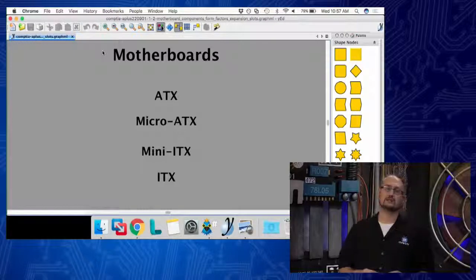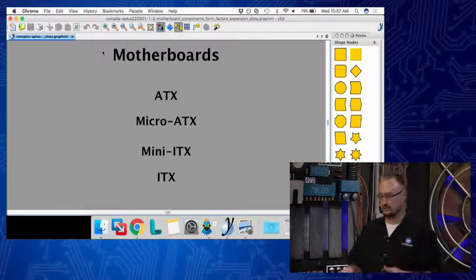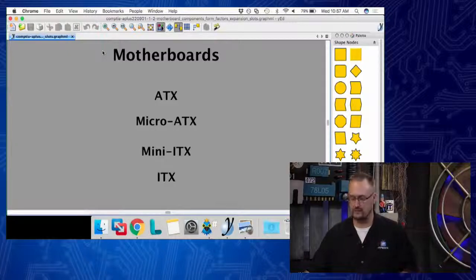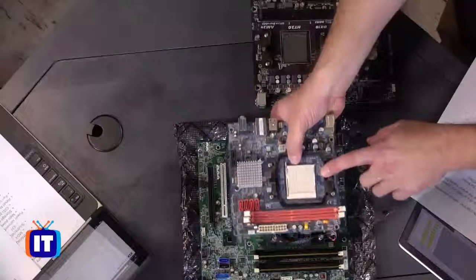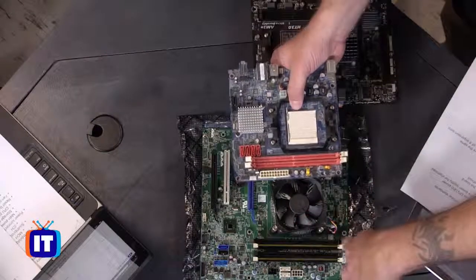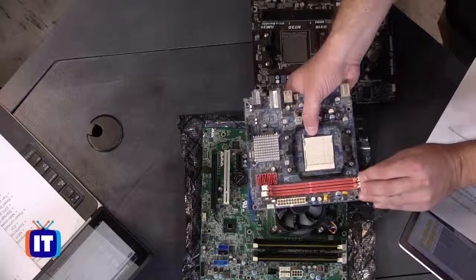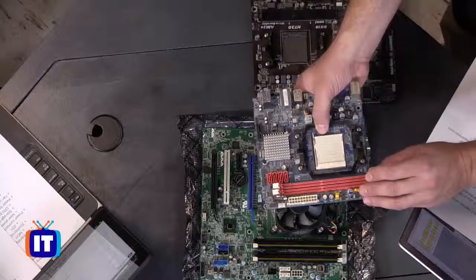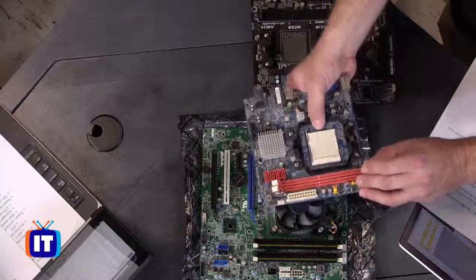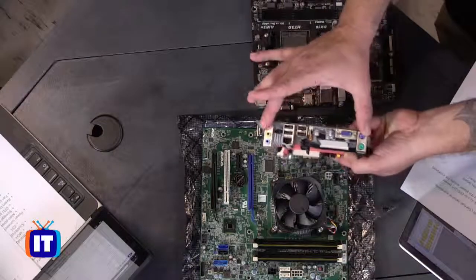A lot of times the I/O functionality, the input-output, will be integrated directly in the motherboard itself. Let me show you what I mean here. Compared to our more full-size board, you have 4 RAM slots here. Notice that this one only has 2. That's a commonality in these mini ITX boards. You can see the square pattern here, and you can see that we have our IOs.